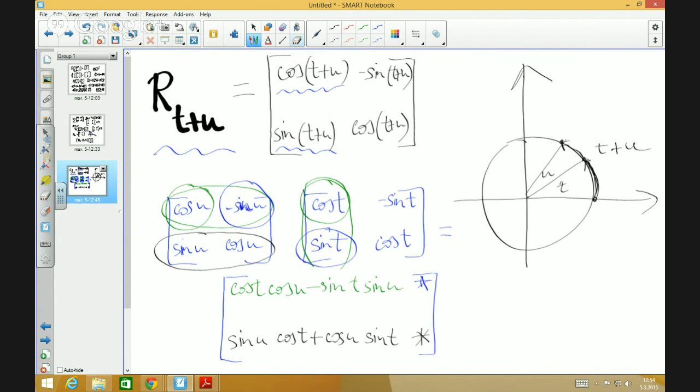What I want to show you is that the multiplication of these two matrices, which is this, which gives this result, is actually implementing the rotation by t plus u degrees. But this rotation is also implemented by this matrix that I have here.